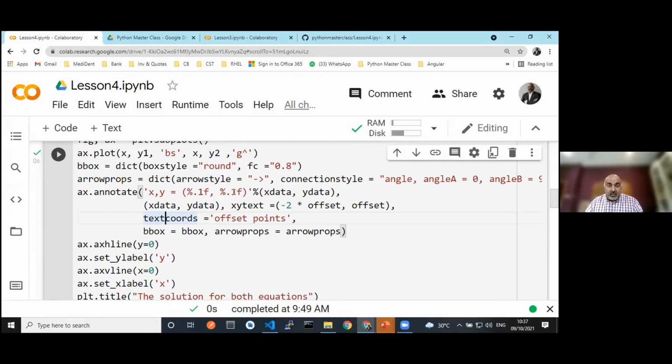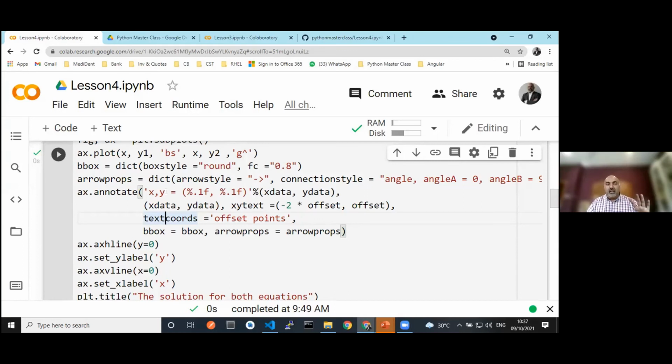There are 2 decimal numbers, and I end the string. Then I say percent represent x data with this value and replace this percent with y data, and put the formatting as 1 decimal place. That's all I have done.